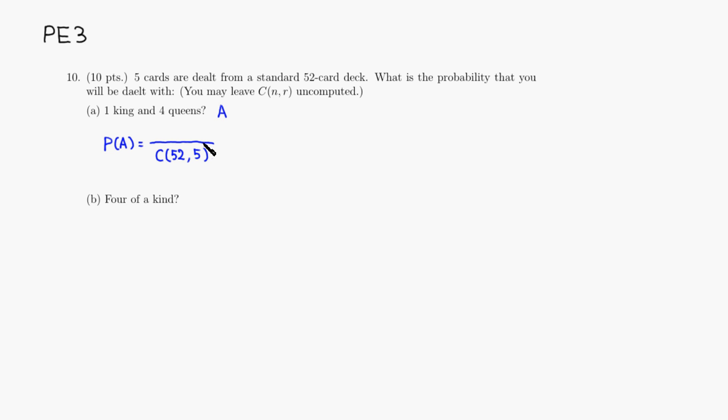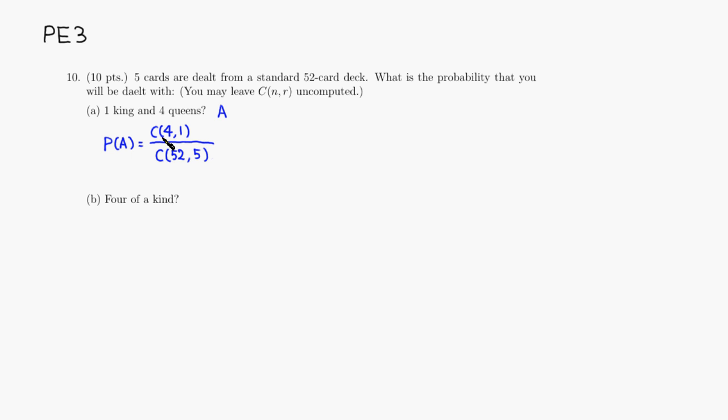Then among them, we have to have 1 king and 4 queens. Remember that there are 4 kings, so we have to pick one of them. So there's a combination, and we have 4 kings to choose from, and we're going to pick one of them. So we have this many ways to pick a king. Actually, there are only 4.